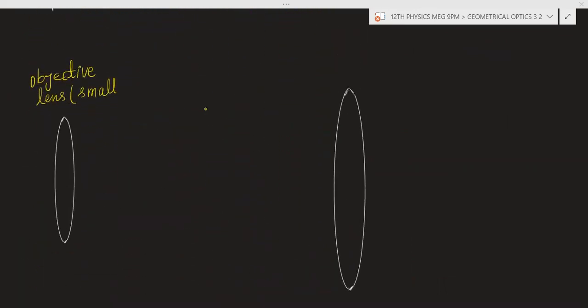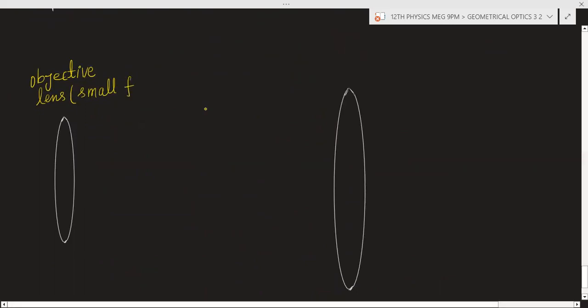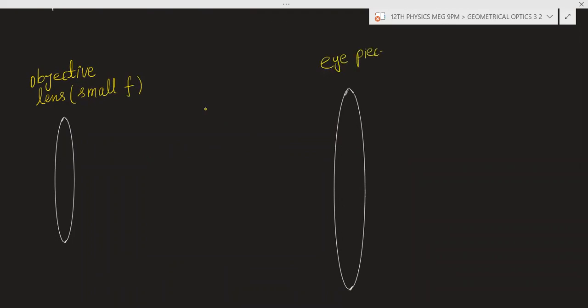So this objective lens has a small focal length, and this eyepiece lens has a large focal length. Large focal length.